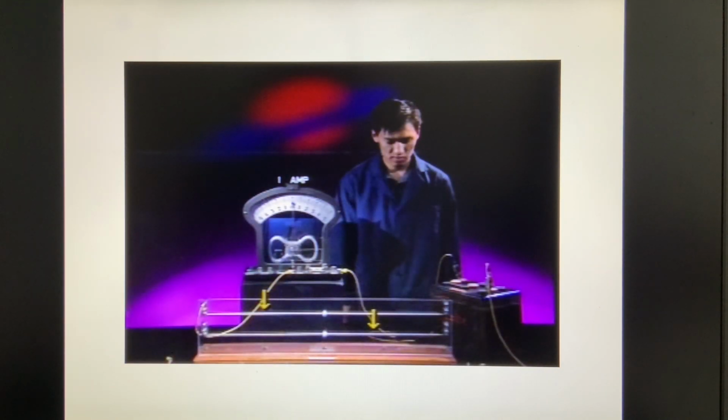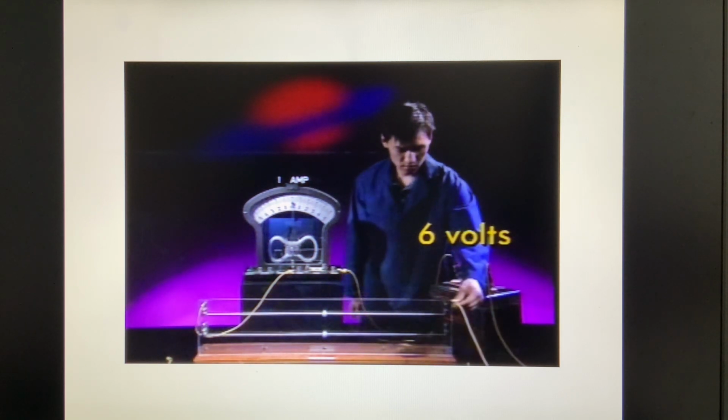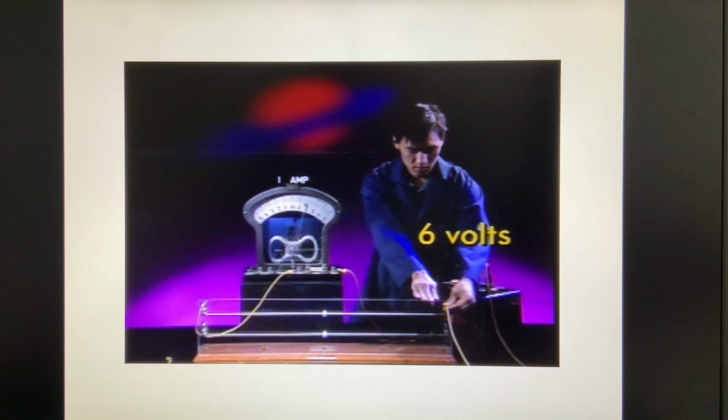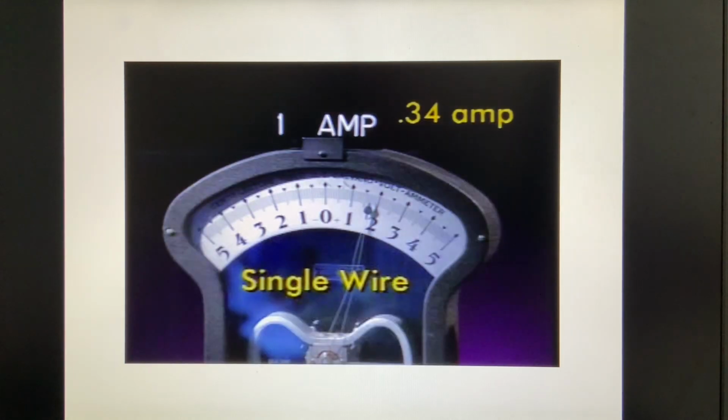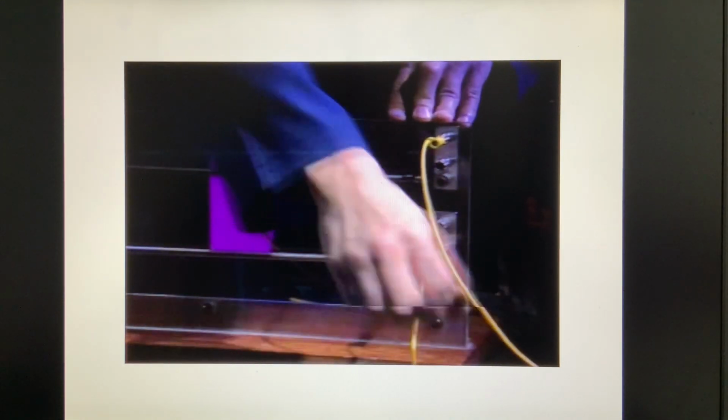We'll hook these two identical wire resistors together in three different configurations and apply the same voltage to each. This ammeter will measure the current that flows through each of the configurations. Here is the current that flows through a single wire with 6 volts applied. If we hook the two wires in parallel, how much current will flow?